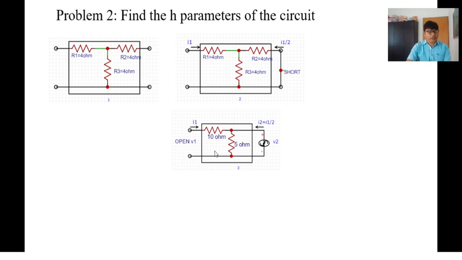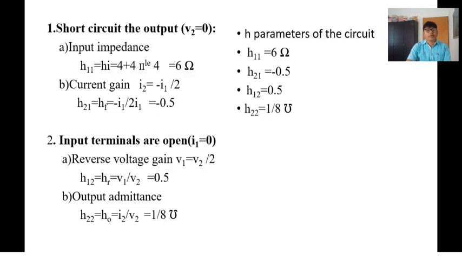Hence H12 is equal to V1 by V2, and that will be 0.5. And now the output impedance, looking into the output terminal with the input terminal open, is simply 8 ohm. Then H22 will be the reciprocal of that, equal to 1 by 8 ohm. So in this way we can calculate for the second circuit.